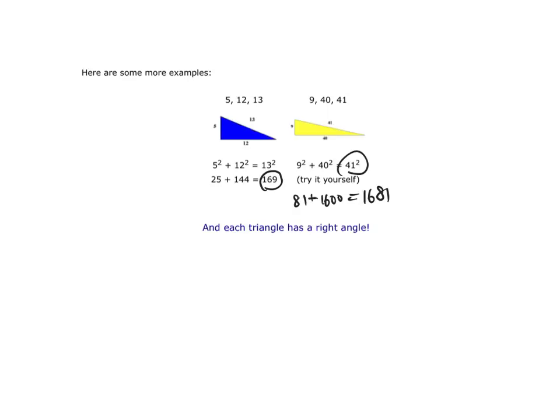Another thing you need to be aware of is that multiples of Pythagorean triples work too.